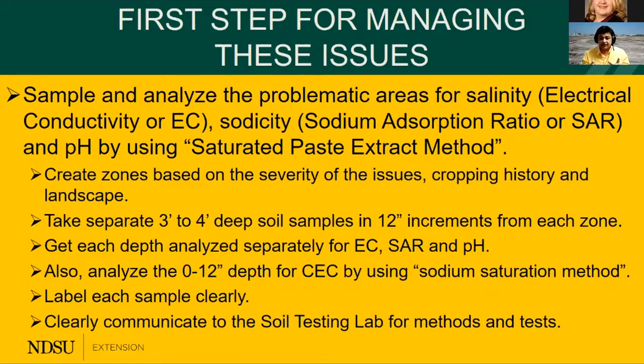Then we need to analyze the first foot for cation exchange capacity, or CEC, by using the sodium saturation method. You could also get this number through Web Soil Survey. Label each sample clearly and communicate to the lab what test you want and through what methods. Lab wouldn't know otherwise. They're just going to use the run-of-the-mill, common, I should say, methods.